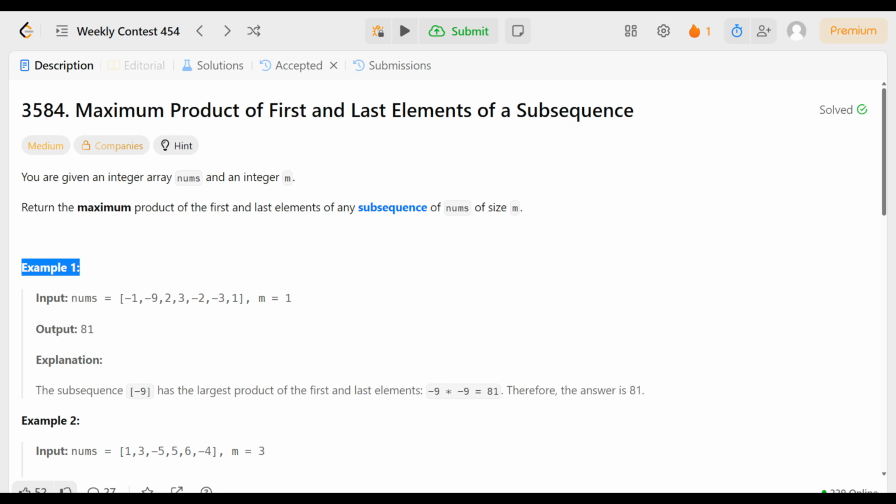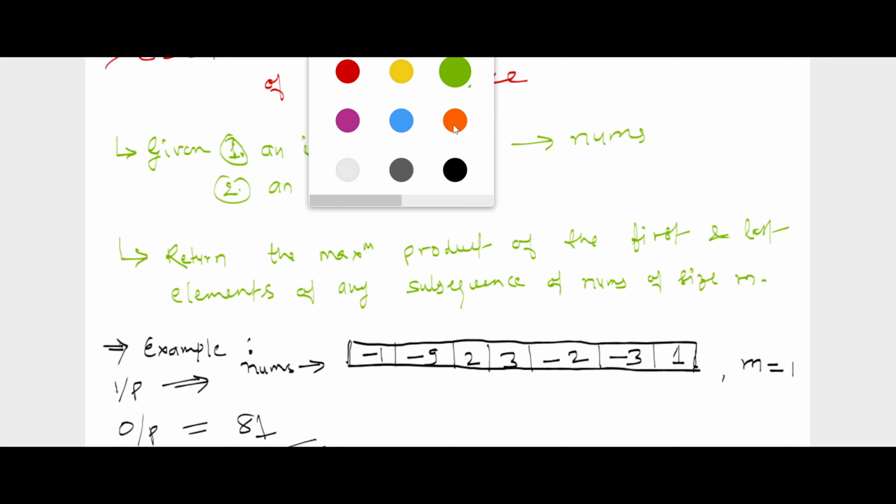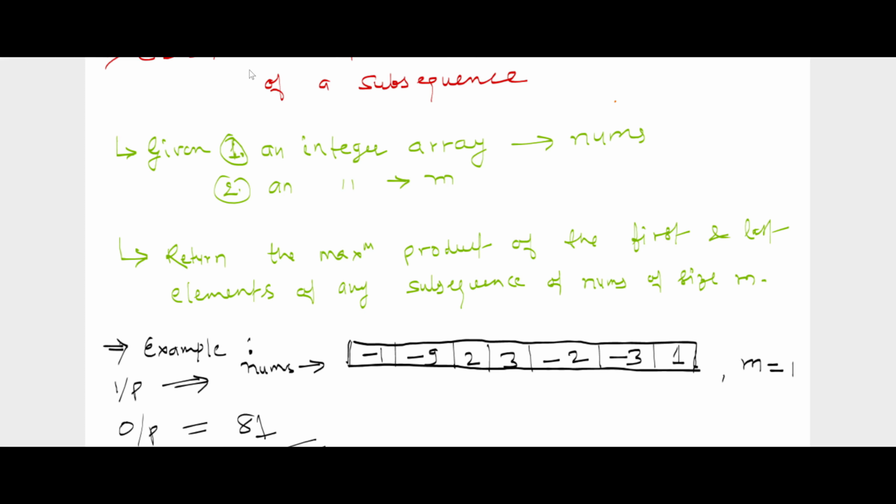Let me show you something. As you can see, we have two things given: first, an integer array called nums, and another, a variable m.